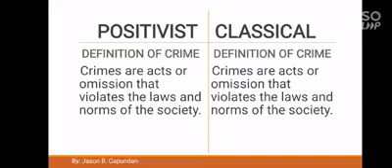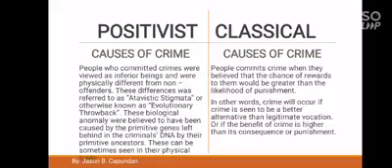Let us now differentiate the positivist and classical theories. They both define crime as an act or omission that violates the law and the norms of the society. But as far as the causes of crimes, the positivist theory explained that people who committed crimes were viewed as inferior beings and were physically different from non-offenders.